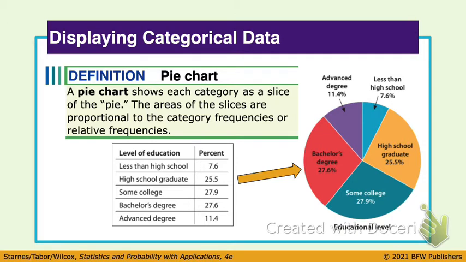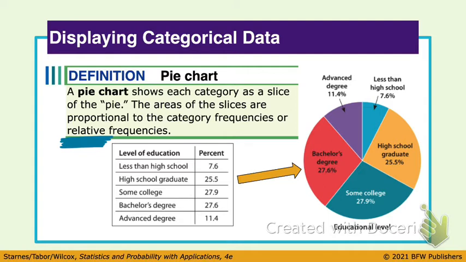Now, I'm going to tell you a little bit of a secret about a pie chart. Most pie charts are going to use relative frequencies. Most pie charts are going to be in percentages, and it's going to be percentages up to 100%. So we really like pie charts to show us percentages because that makes sense in our brain when we're looking at the circle.